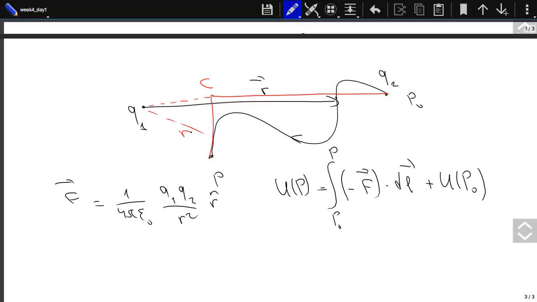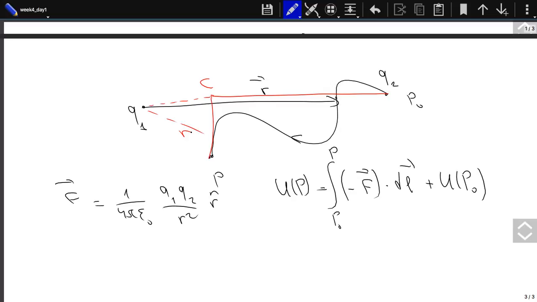I only do work along this straight line. You see, we define the work as some kind of a scalar product. I have to know the angle between the force and this dl. Along the first path, that angle constantly changes. At each segment, I have a different angle. So it will be quite difficult to calculate it.